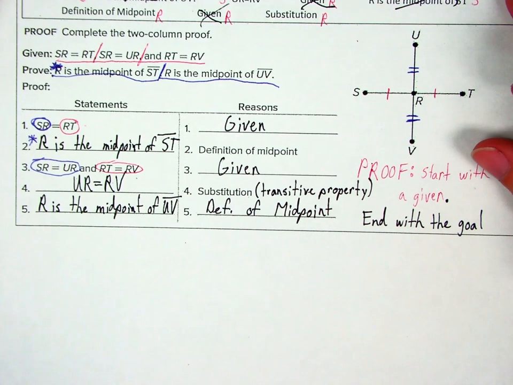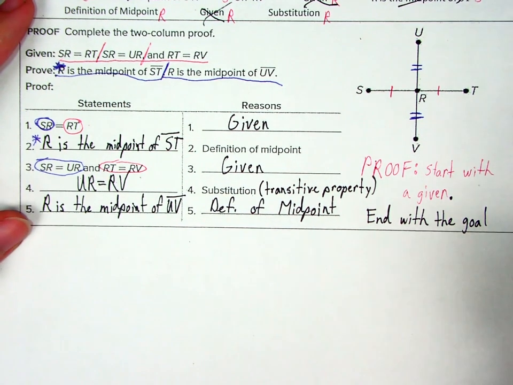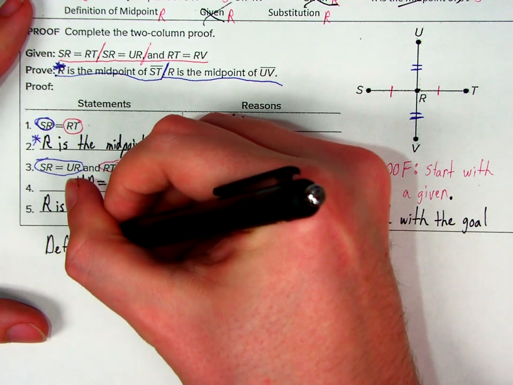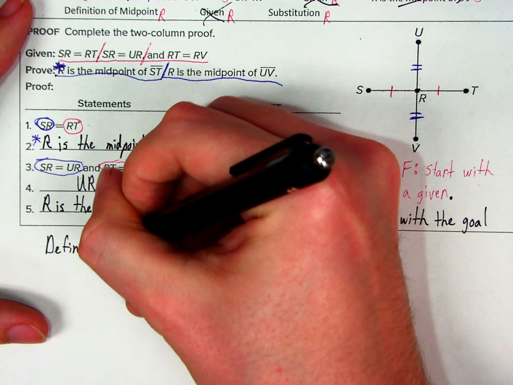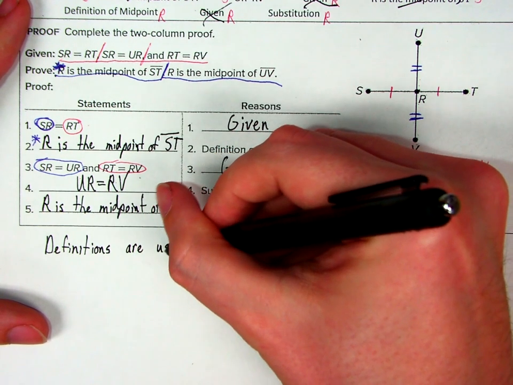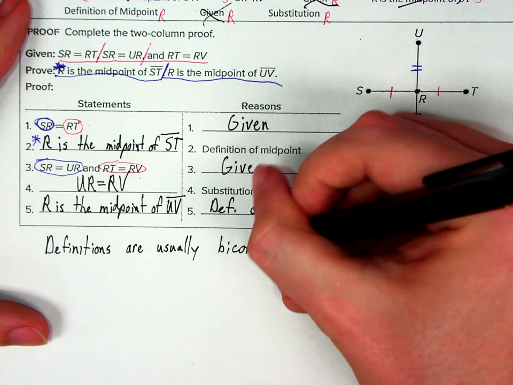Your definitions generally work in 2 directions. Definitions are usually biconditional.